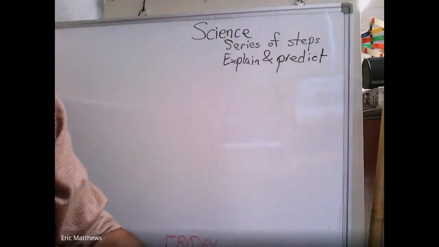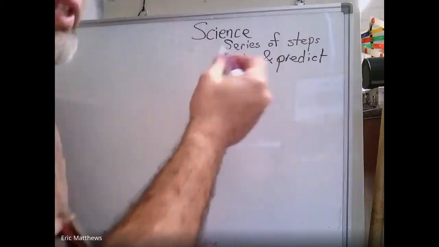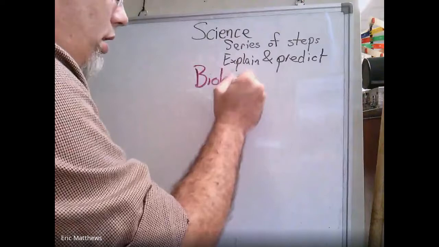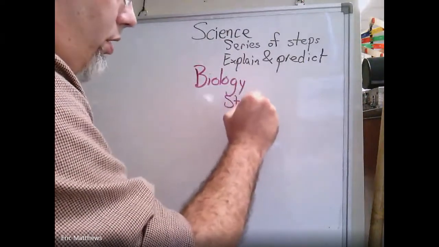Why is it happening? How is it happening? Our particular science that we're looking at this year, hopefully you know by this point, is biology, which is our study of life.